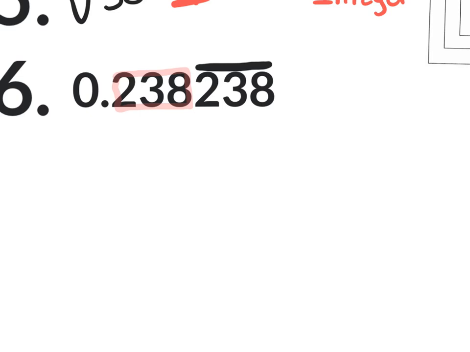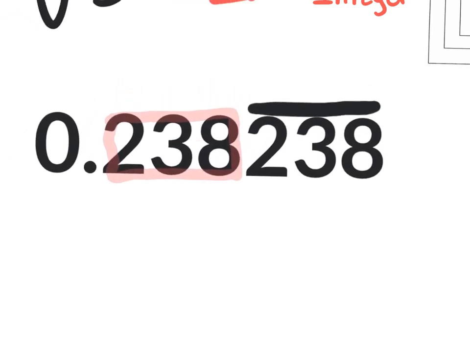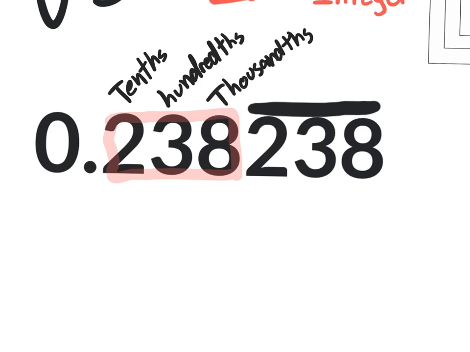We have the tenths position, the hundredths position, and the thousandths position. So if I wanted to make a fraction that represents the decimal 0.238, I would simply put the 238 over the 1000.